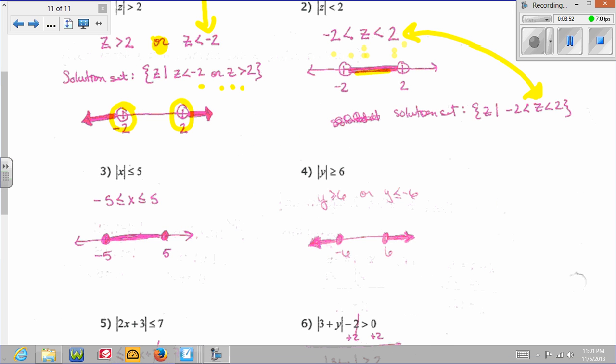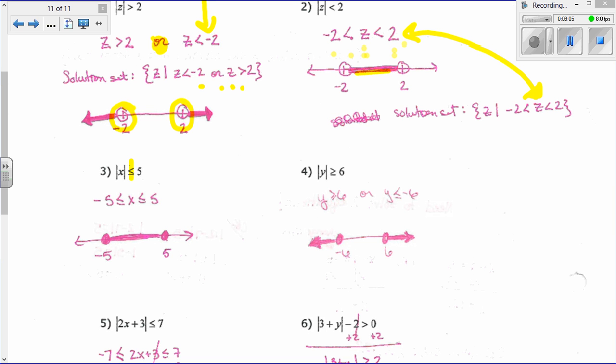Alright, moving on to number 3, I can compare all of my problems to either number 1 or number 2. Number 3 is the absolute value of x is less than or equal to 5. It has the less than sign, or less than or equal to, therefore it's the same as number 2. So I'm going to follow my rules for number 2.